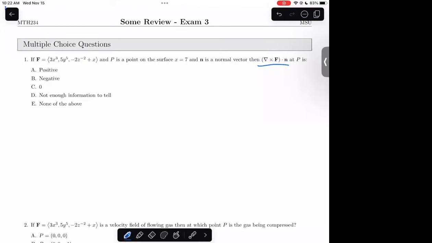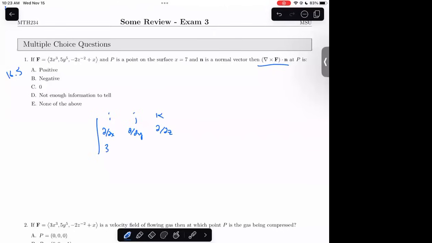All right, so the big thing is to calculate out our curl. So we learn, and this is a 16.5 style question here, we have our i's, j's, and k's. This del operator is all of our partial derivative information. So a partial derivative with respect to x, then with respect to y, then with respect to z. And then we need to put in our vector field.